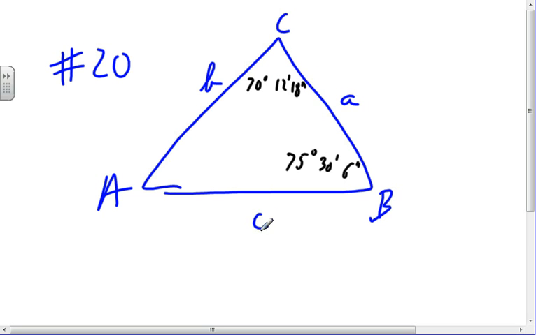And little c is 93.45 meters. All right, so what are we going to do? We're going to take the degrees, minutes, seconds and change them to decimal degrees. That's what we're going to do.